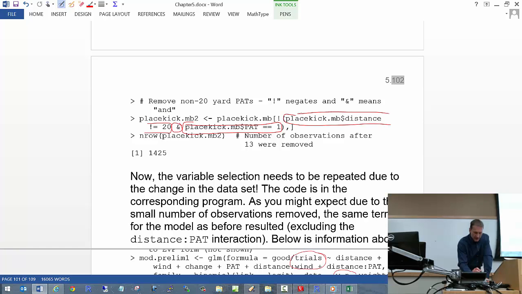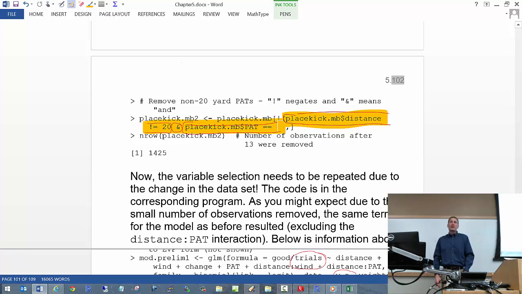So everything that's then highlighted here is going to tell me where the non-20-yard PATs are. But remember, I want to throw those out essentially. I want to keep everything else. So what I do is I use my exclamation mark again to basically change the trues to falses, the falses to trues.